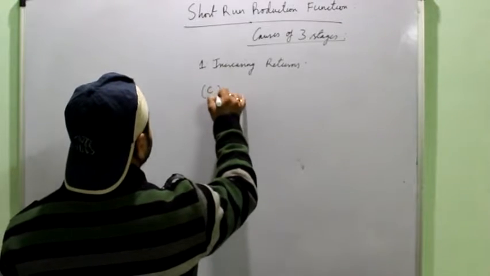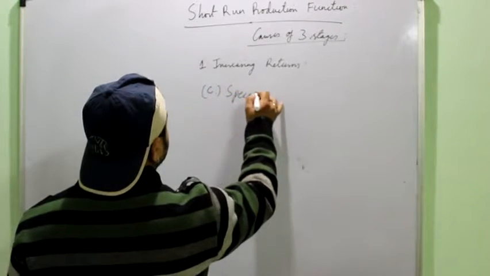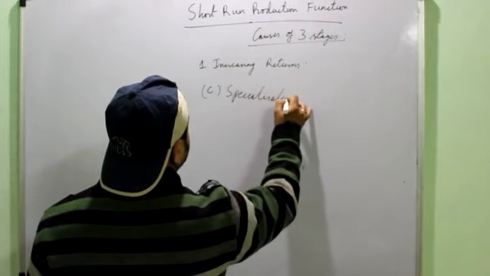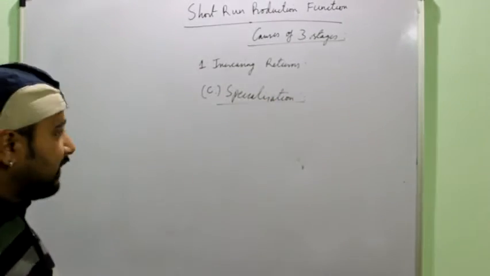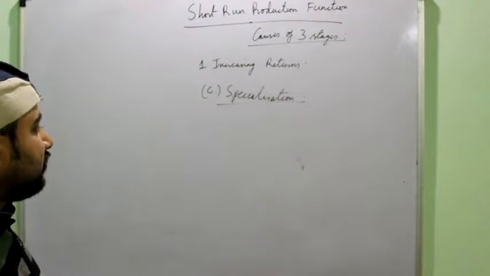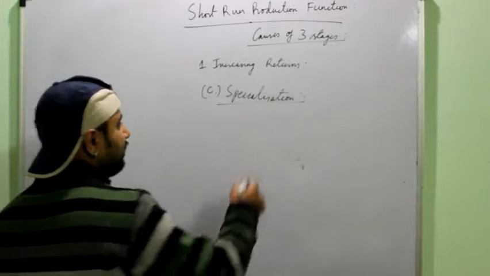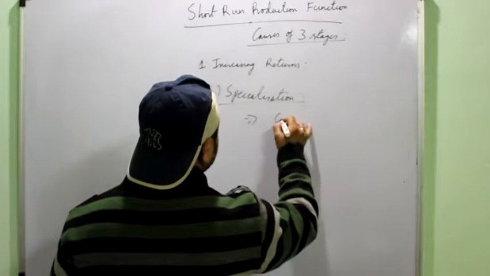Then third is specialization. Okay, this is a very important concept. You are studying it in business studies also. Most of it is based on this only. Specialization is when someone continuously does some work.